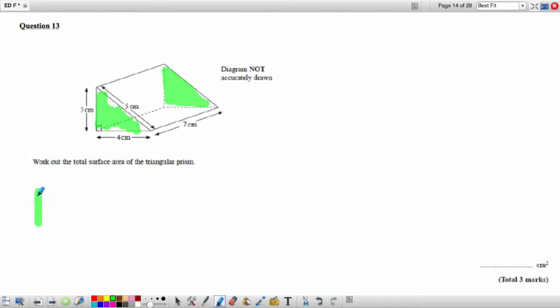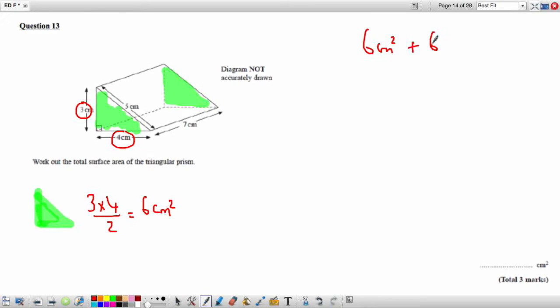So let's find the area of the triangle. We find the area of the triangle by taking the height and multiplying by the base and then dividing by 2. 3 times 4 is 12, divided by 2 is 6 centimetres squared. Now we've got 2 of those, so we're going to have 6 centimetres squared plus 6 centimetres squared.